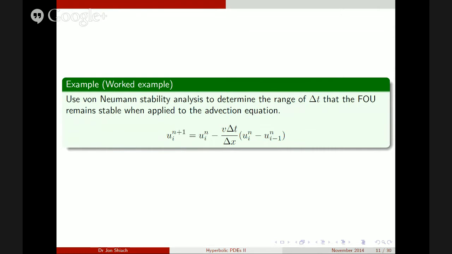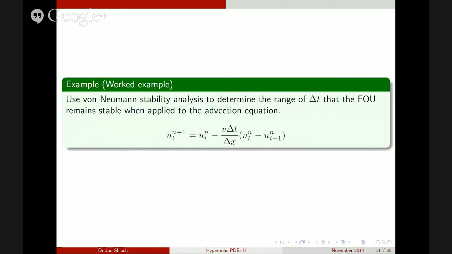Okay, so this is e to the at multiplied by e to the i kx, but instead of t, I've got t plus delta t because this is n plus 1 here.